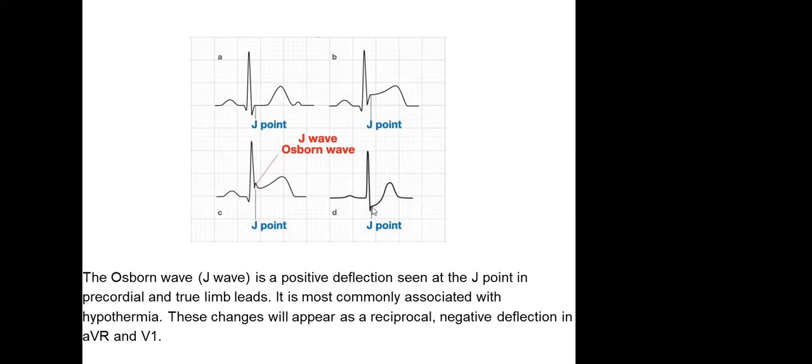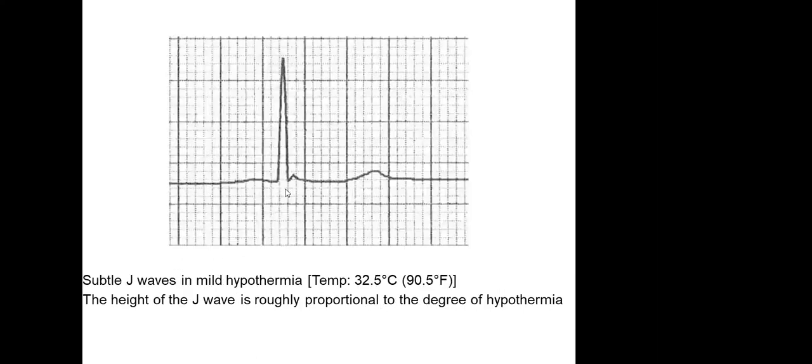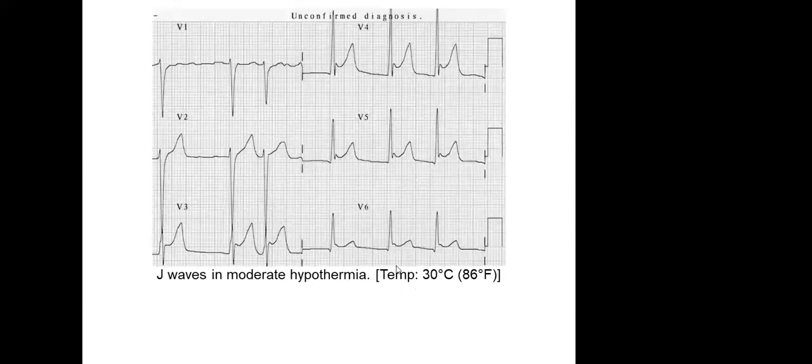The J point is where the S converts and the ST segment begins. This patient has a temperature of 32.5, and we can see that after the S we have a positive deflection of Osborn wave, and with this QRS there is definitely QTc prolongation also. The height of the J wave is directly proportional to the degree of hypothermia.